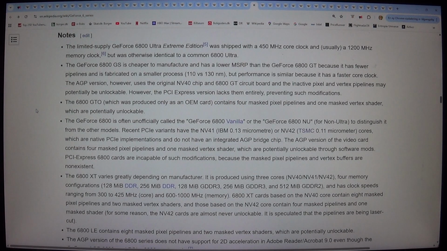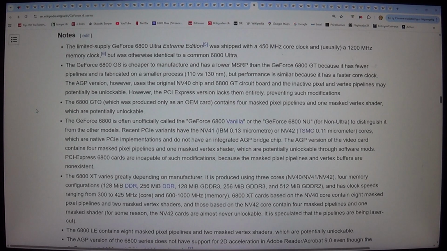Notes. 1. The limited supply GeForce 6800 Ultra Extreme Edition was shipped with a 450 MHz core clock and, usually, a 1200 MHz memory clock, but was otherwise identical to a common 6800 Ultra. 2.